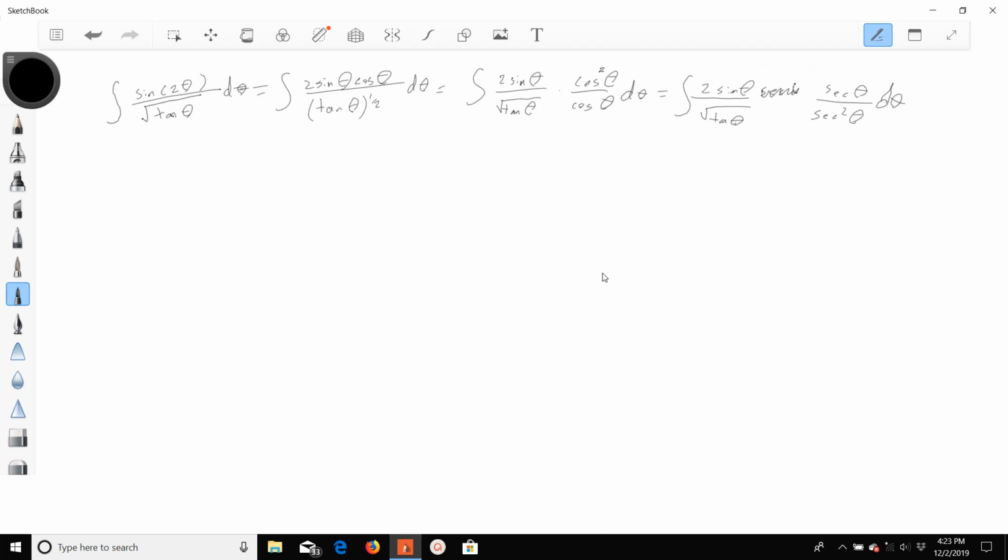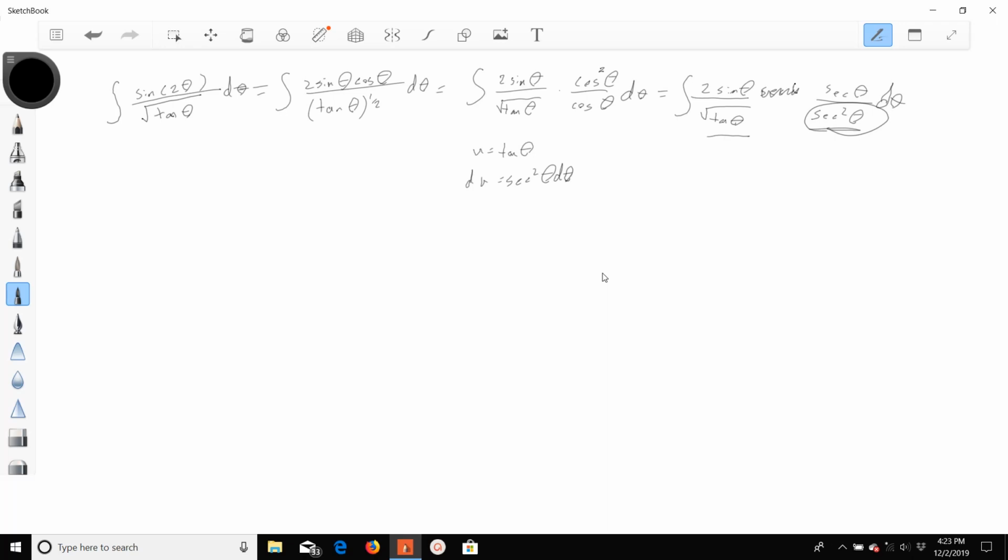Because when you differentiate tan theta, you get secant squared theta. So if I let u be equal to tan theta, du is equal to secant squared theta d theta. So I want this secant squared theta on the top.